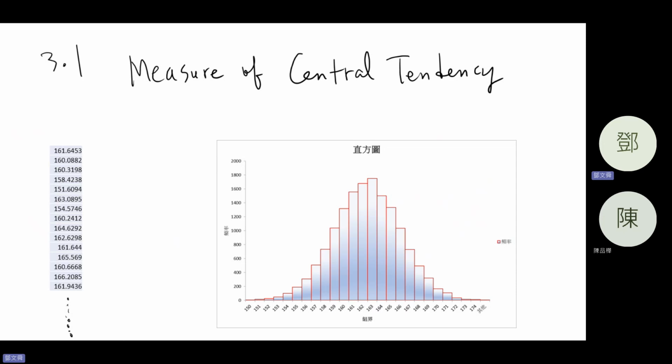I think there seem to be 30 bins. This is called a bin. We use 30 bins to summarize the total data set. Understand? So we use 30 to represent 20,000.